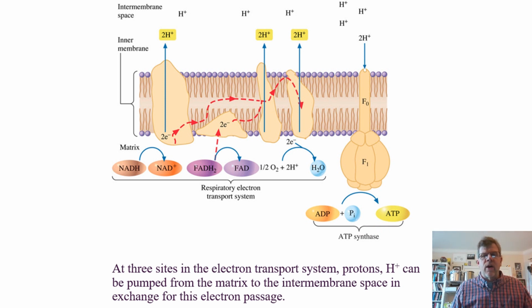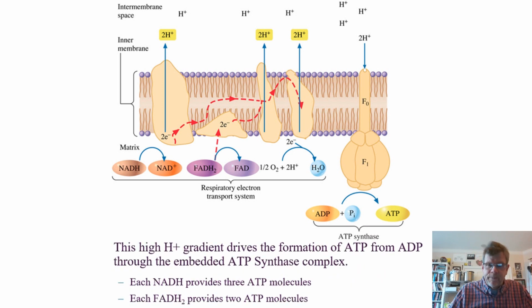So now that we have at all 3 sites these protons, or hydrogen ions, pumped from the matrix into the intermembrane space, look at what we ultimately get here. This high hydrogen ion gradient drives the formation of ATP from ADP and a free phosphate through this ATP synthase.